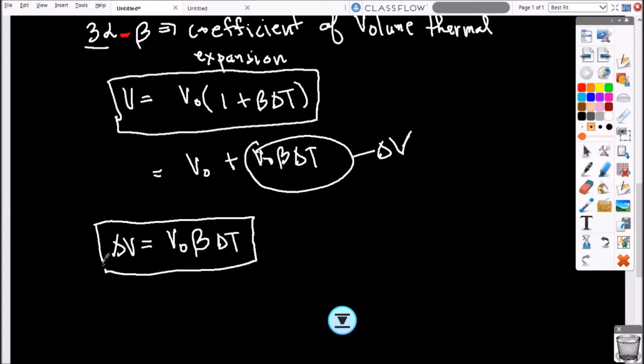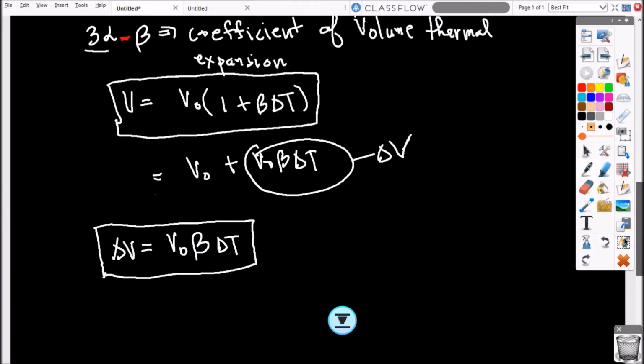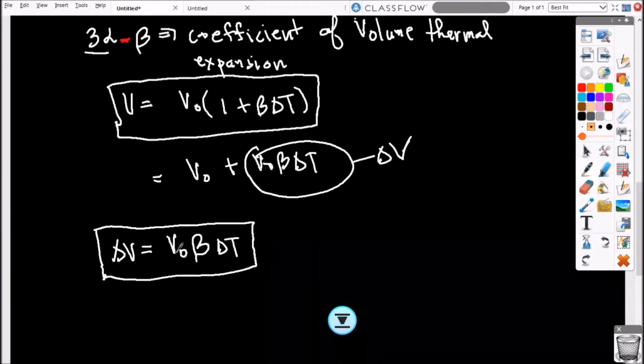Okay, so that is for volume thermal expansion. Delta V here is the change of volume. Again, V of O is the initial volume. Beta, which is 3 times the coefficient of linear thermal expansion, and delta T is the change of temperature. It should be final minus initial.